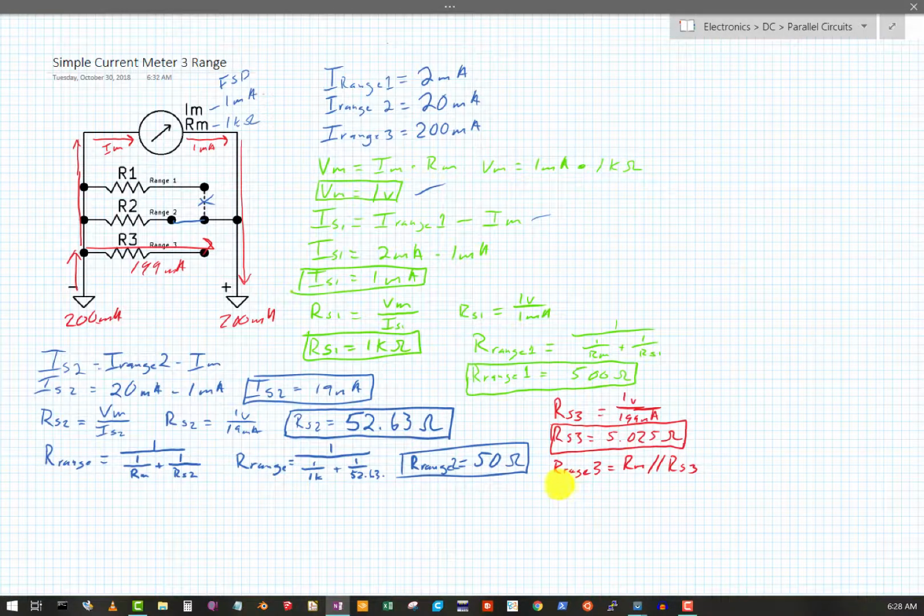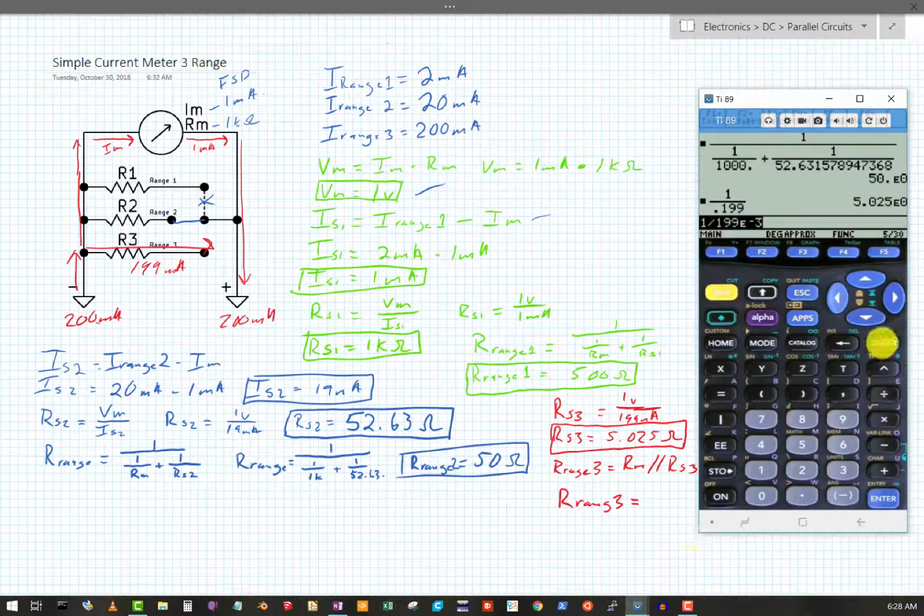R range 3 equals 1 divided by, I'll do it the standard way, 1 divided by 1K, since our meter hasn't changed, plus 1 divided by our minimally rounded number up here, and close parentheses.